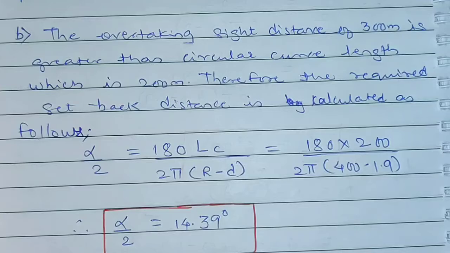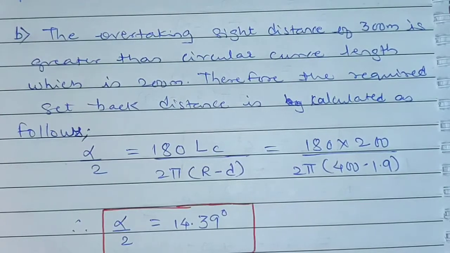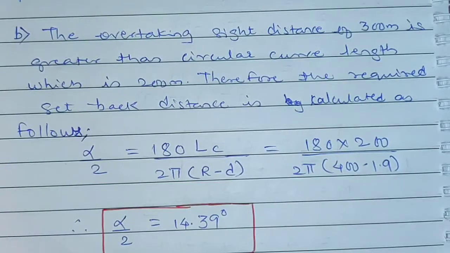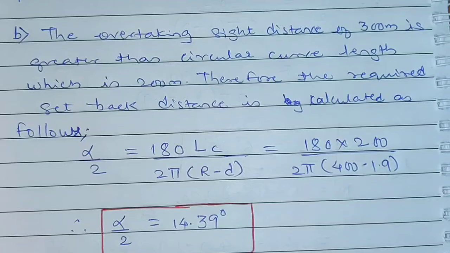First is to calculate alpha by 2, that is the angle which will be formed for the overtaking sight distance of 300 meters. So alpha by 2 will be calculated as 180 into Lc upon 2 pi into (R minus D). That equals 180 into 200, that is the length of the curve, upon 2 pi multiplied by (400 minus 1.9). So the angle alpha by 2 we get as 14.39 degrees.